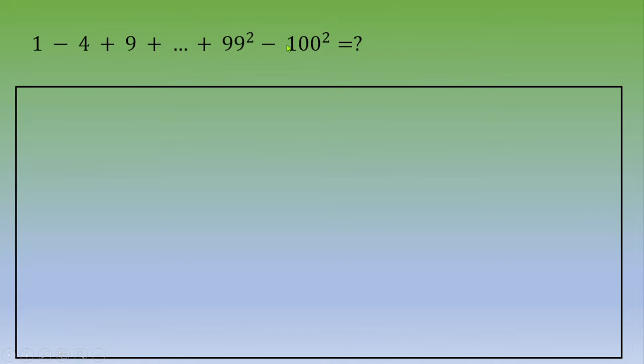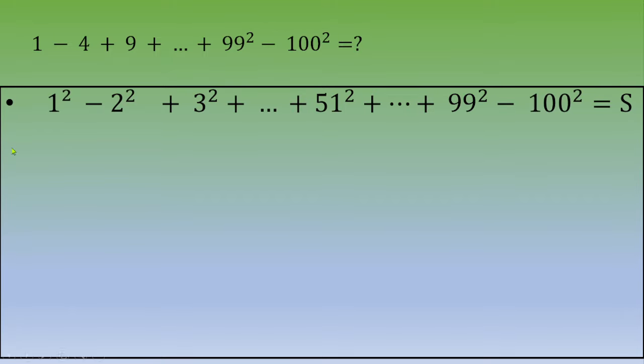When you've got a sequence like this to evaluate, there are many ways to solve it, and one way is to rewrite the sequence and transform these numbers into squared numbers. 1 is 1 squared, 4 is 2 squared, 9 is 3 squared, and so on and so forth, and you add the middle term, which is 51, just to see what happens in the middle.